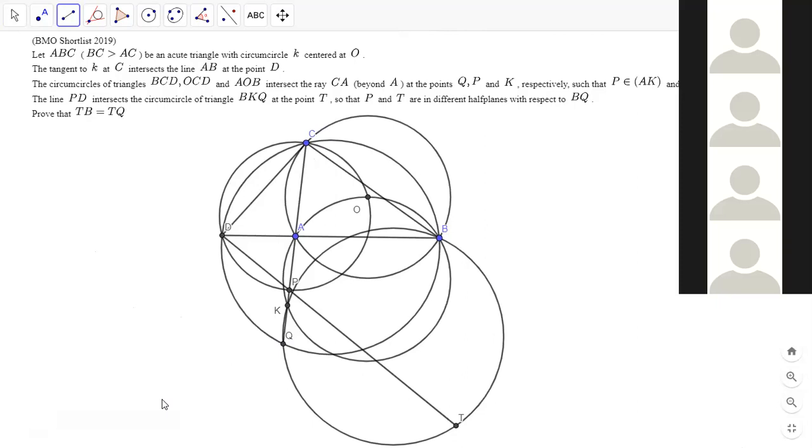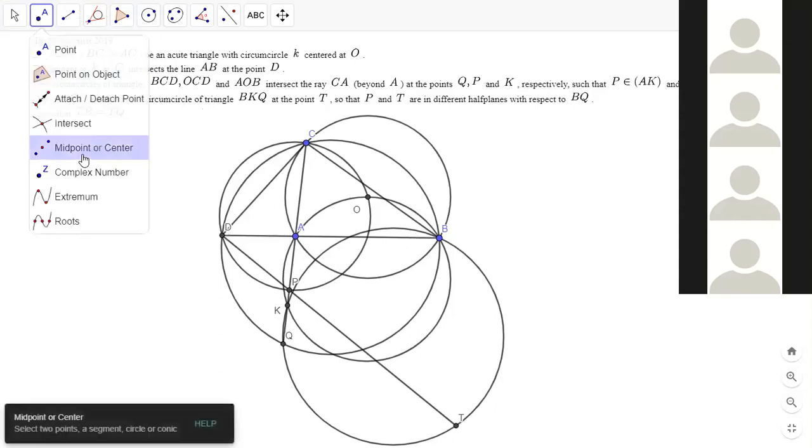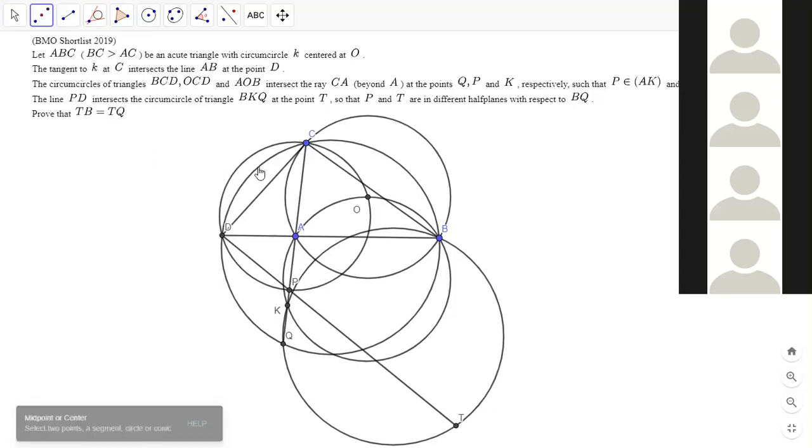Oh, then that circle QKB passes through the center of DCB. Interesting. And also, what I think is true is that that point lies on KO.